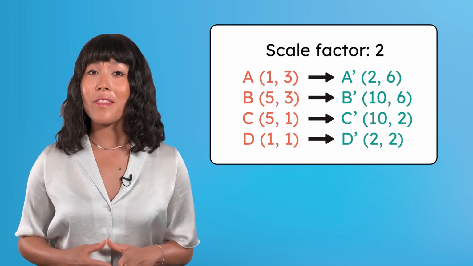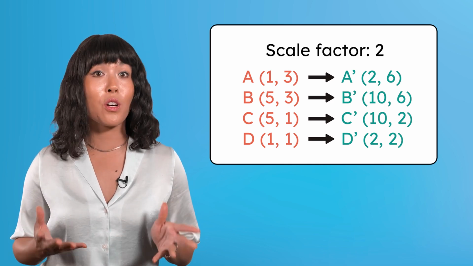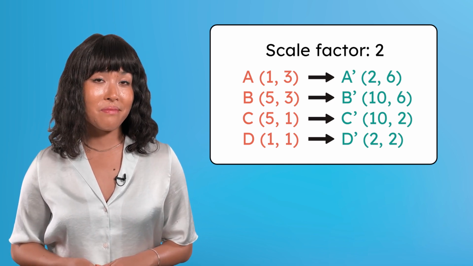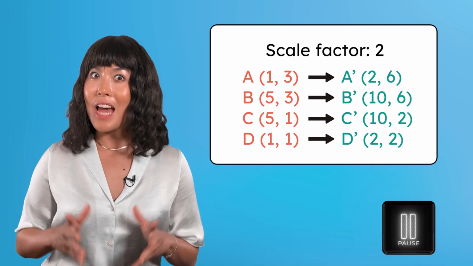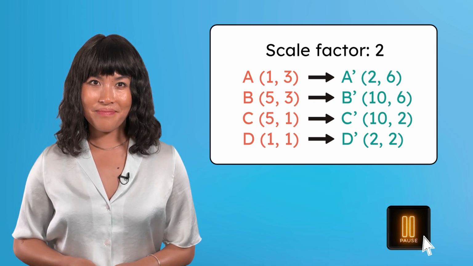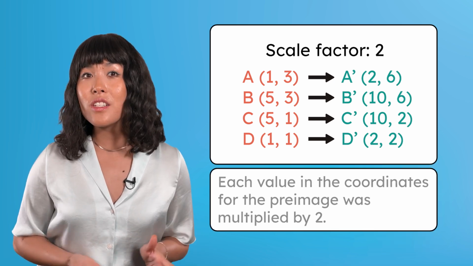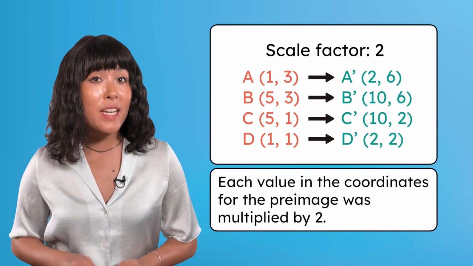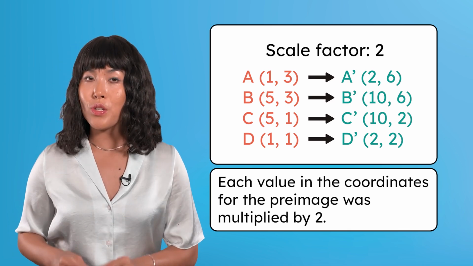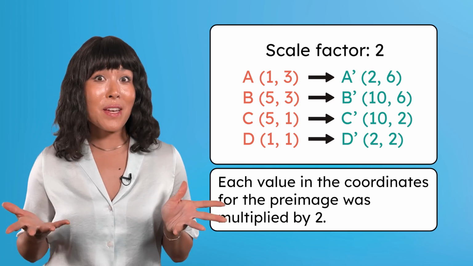What do you notice about the x and y values of the coordinates themselves? Pause and record your thoughts. I noticed that each value in the coordinates for the pre-image was multiplied by 2 to make the coordinates of the image.